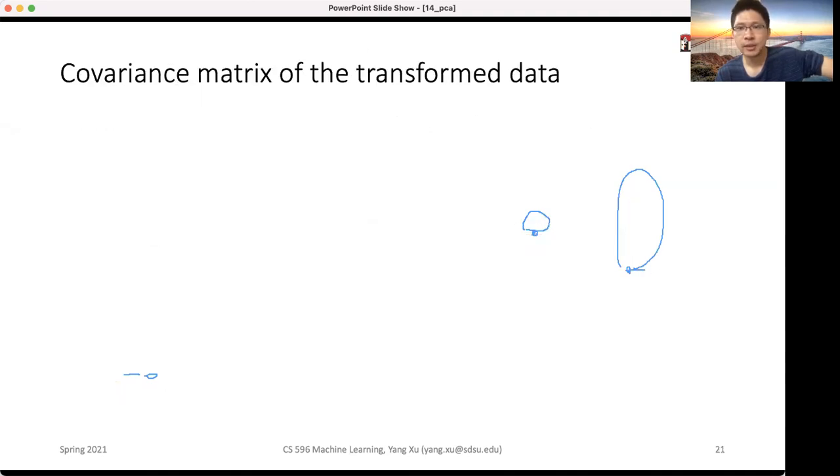All right. So let's look at the next, which is the covariance matrix of the transformed data.